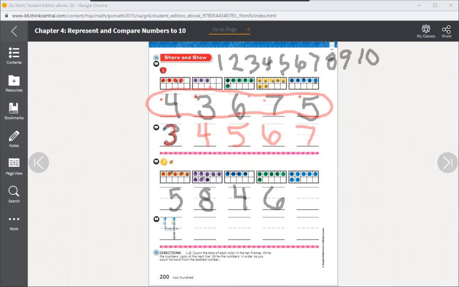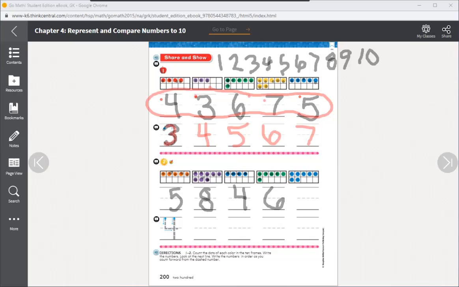Okay. Ready? Go. 1, 2, 3, 4, 5, 6. Let's do it again. You're going to keep counting them until we get them right, okay? Ready?